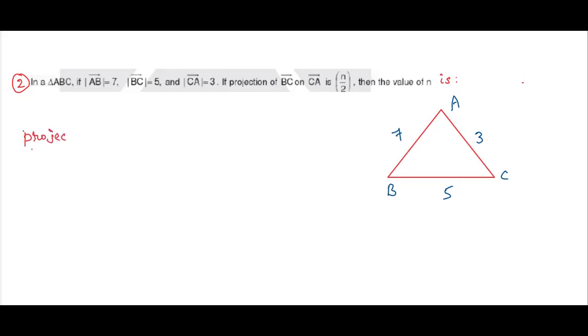Projection of BC on CA. What is the formula? BC bar dot CA bar divided by mod CA bar. This is the formula. Now BC dot CA, by the A dot B formula, is mod A mod B cos of A bar comma B bar.